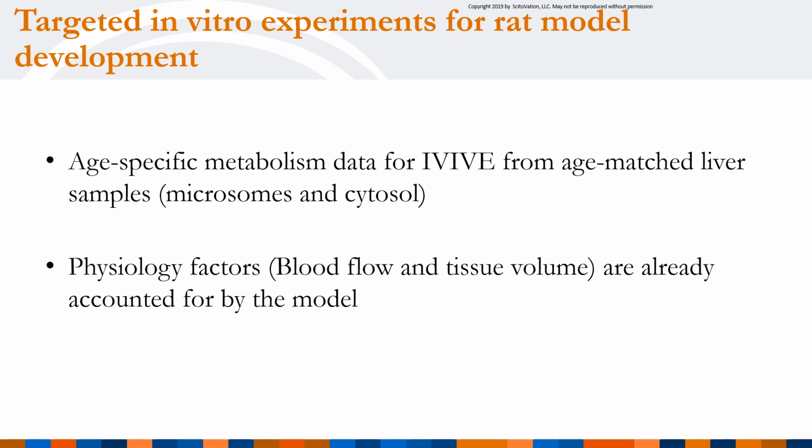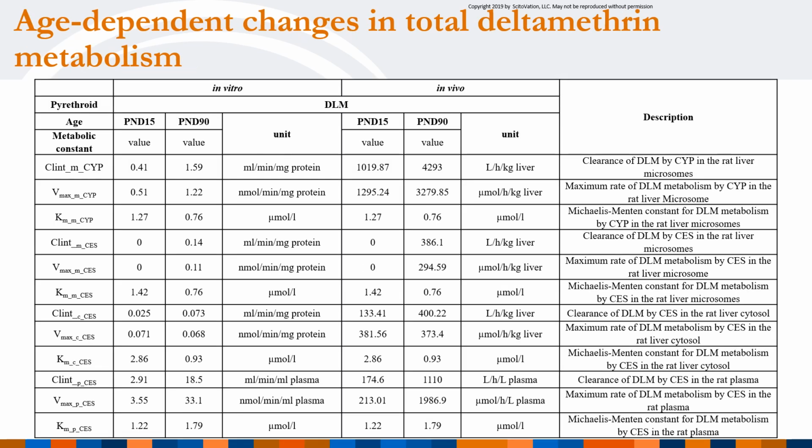Like I said previously, we had some age-specific metabolism data for IVIVE from age-matched liver samples. So we had microsome and cytosol in vitro experiments, and all the physiology factors like blood flow and tissue volumes are already accounted for by the model. Here is an example of the age-dependent changes in total deltamethrin metabolism.